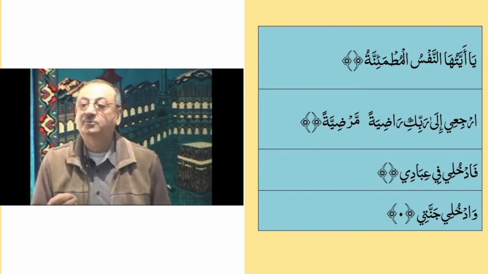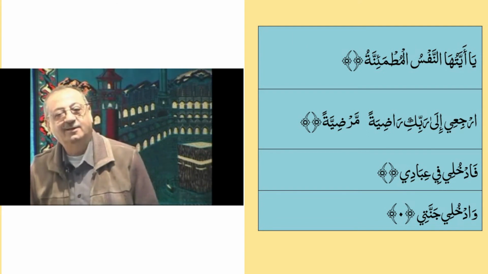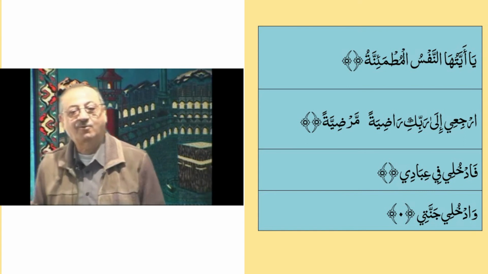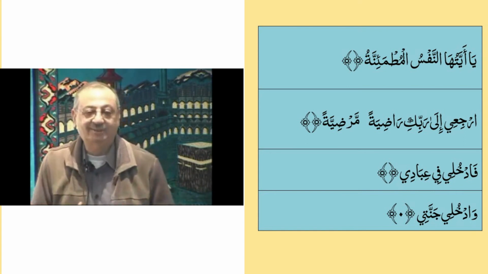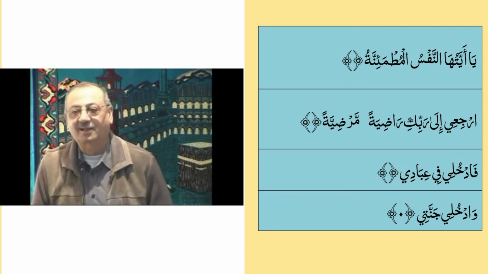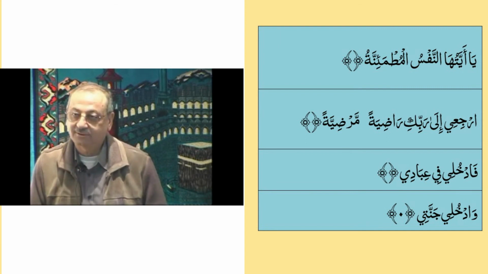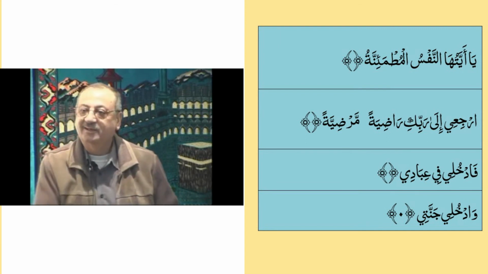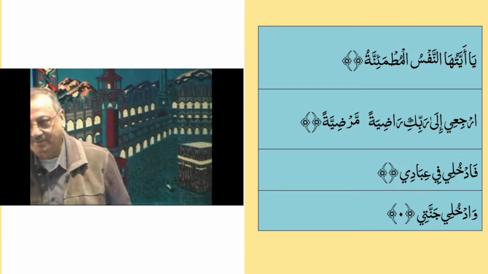You also perform your salat and pay your zakat. So now you enter. Enter what? Fi ibadi, in the group of my servants. And who are these brothers and sisters? These are all the Salihin, Muhsineen and Ambiyas. So Allah is inviting that nafs to enter that group. Are you with me, brothers and sisters?